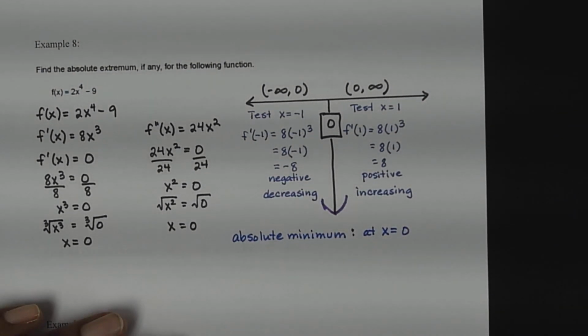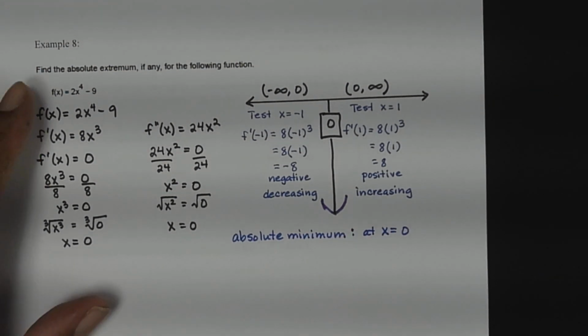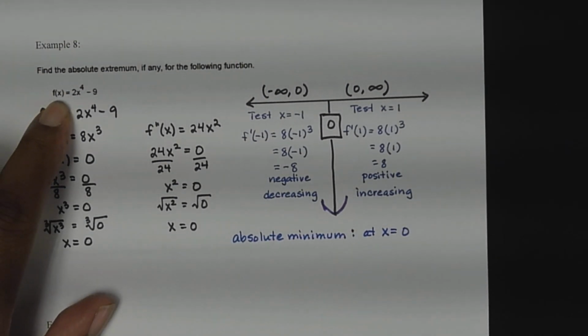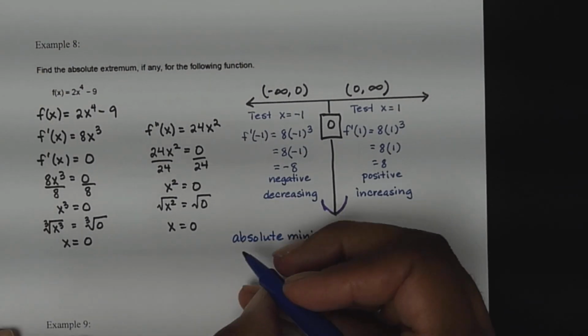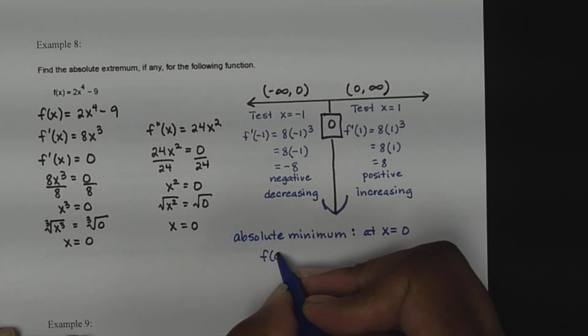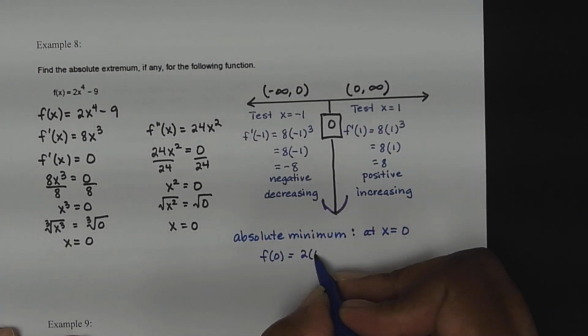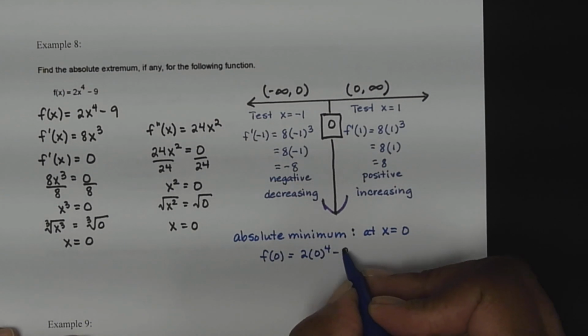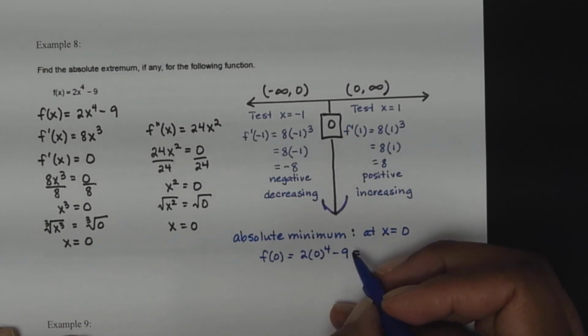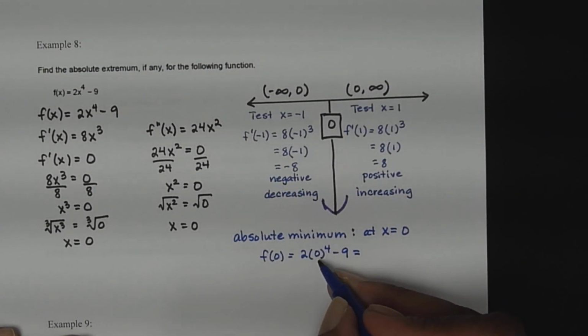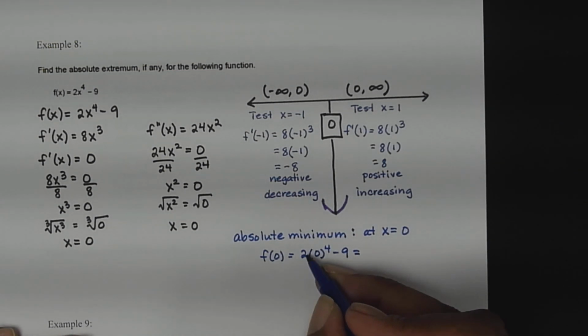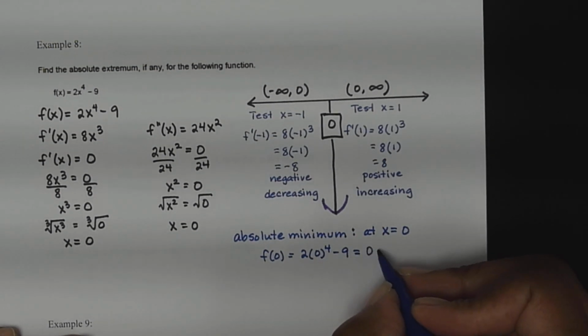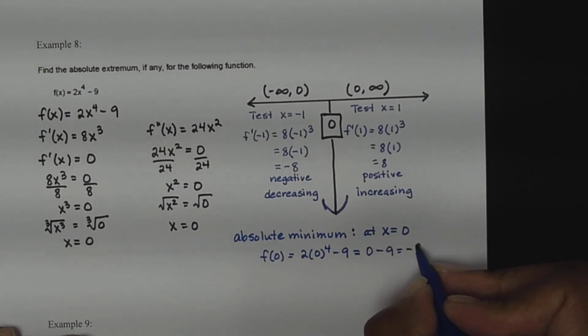But let's find out what that absolute minimum is by replacing the x in the original function f of x with 0. So f of 0 will be 2 times 0 raised to the 4th minus 9. Well, in this case, 0 to the 4th is 0, times 2 is 0, 0 minus 9 is negative 9.